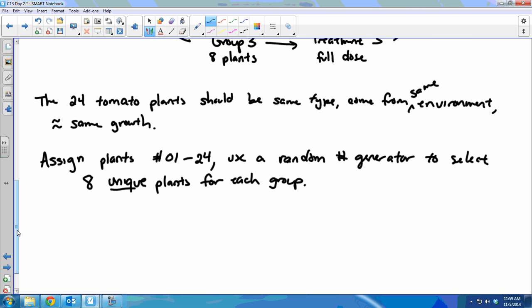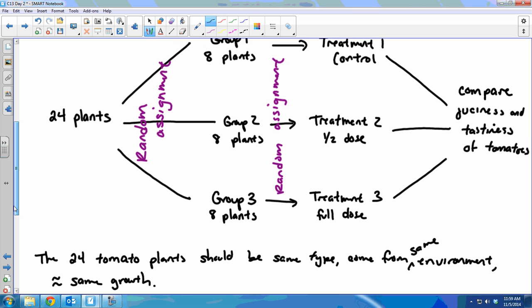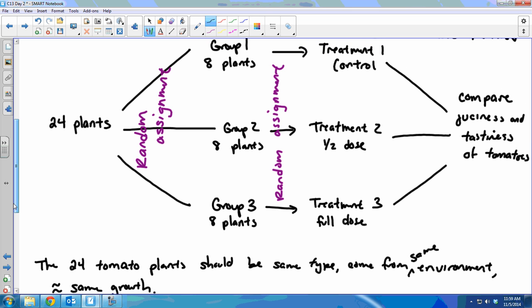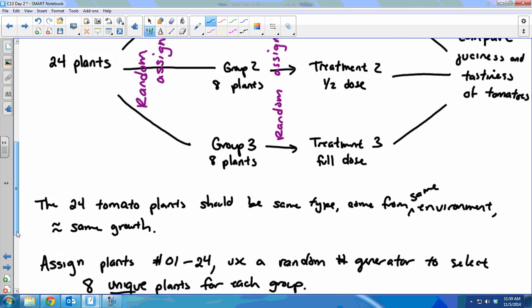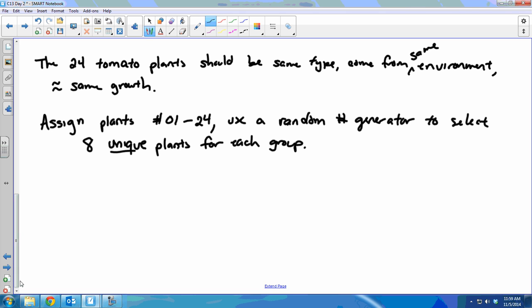All right, so once you have random assignment to groups, it says you're going to have random assignment to treatments, right? Yes. So then you're going to randomly assign groups 1, 2, and 3 to a treatment.